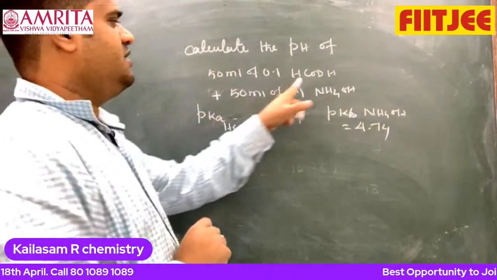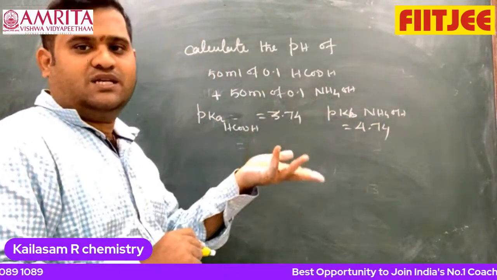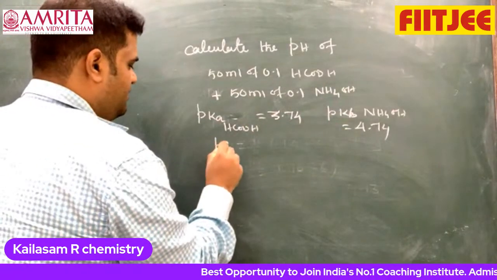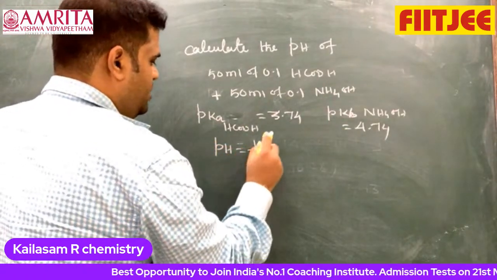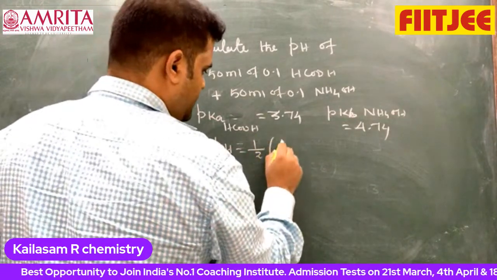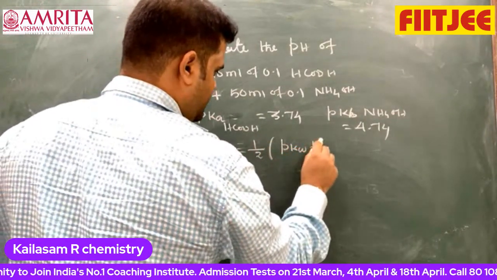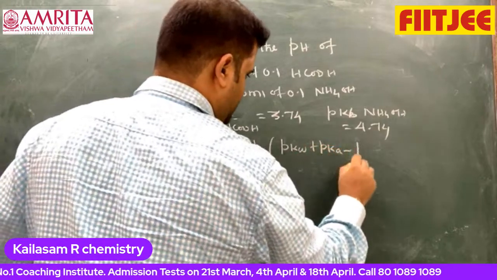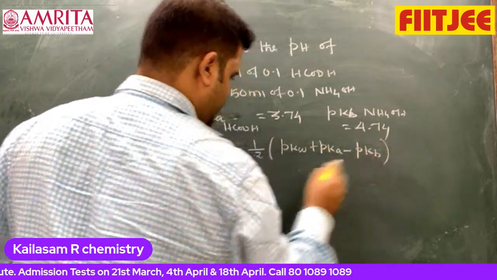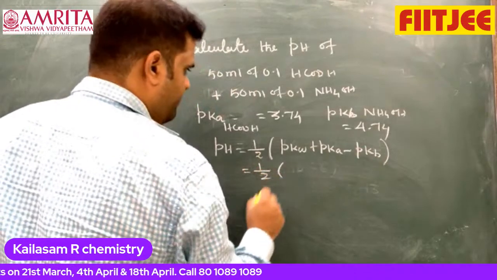Now this is a weak acid and a weak base, so concentration doesn't matter. pH is 1 by 2 of pKw plus pKa minus pKb.